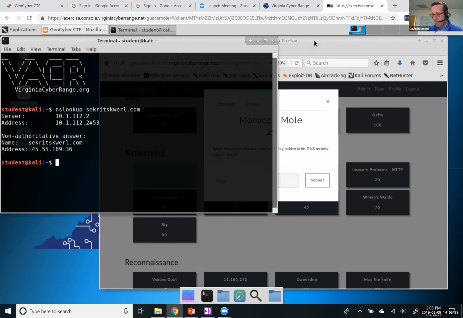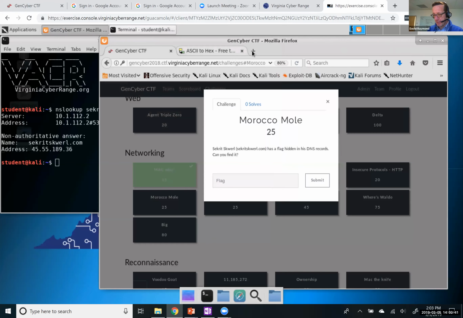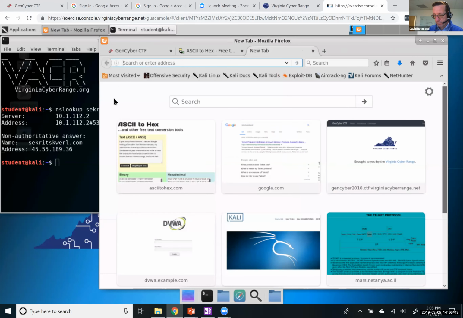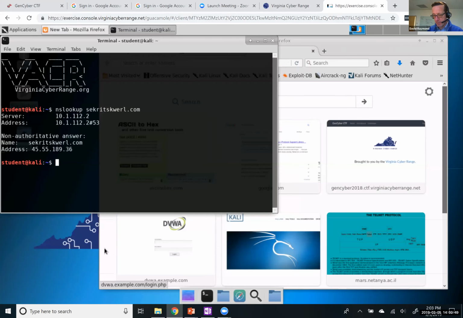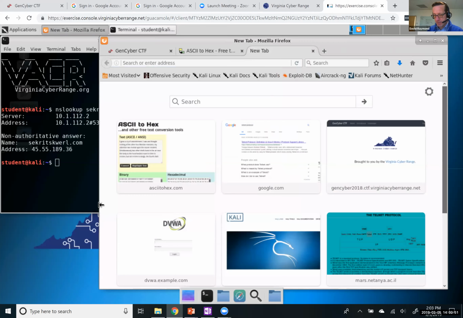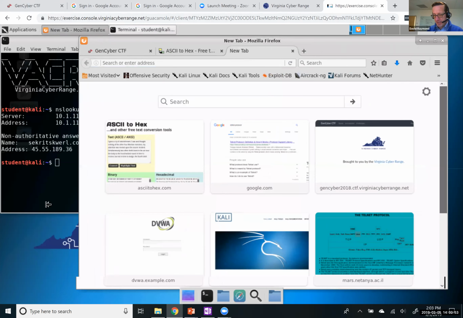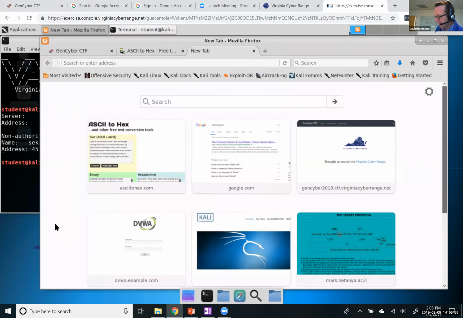So how might I solve something like this? I always go to Google if I am not sure what to do. One thing I do know about DNS is that it has different types of records that can be stored in it.